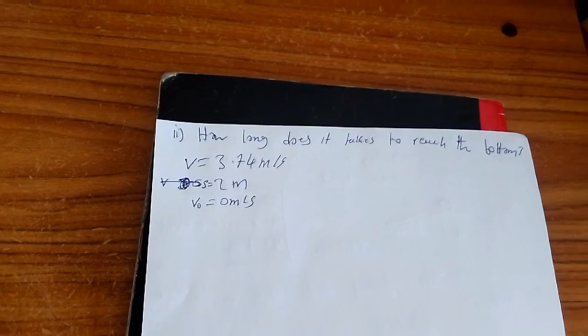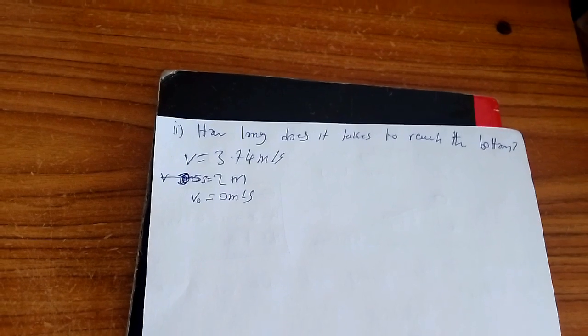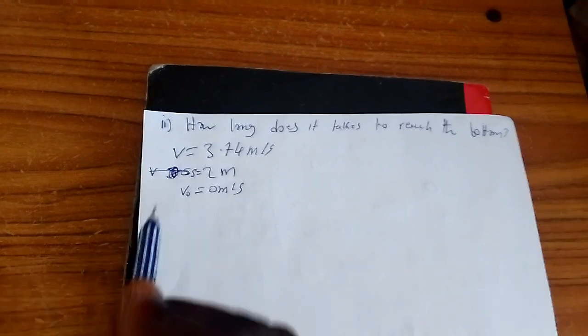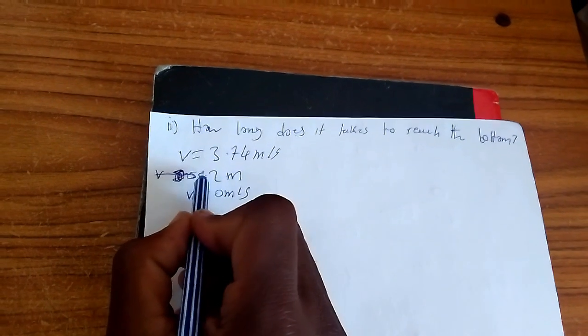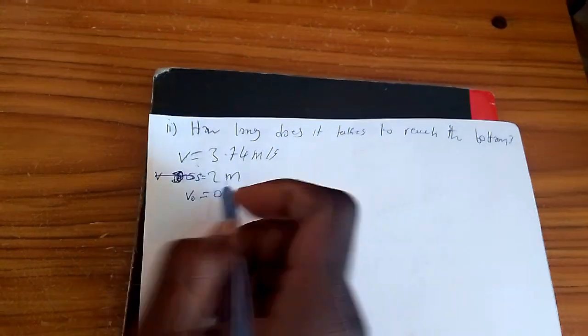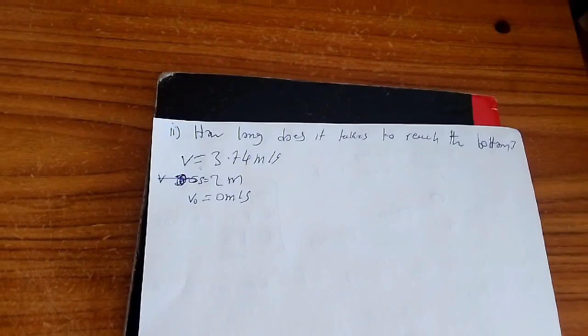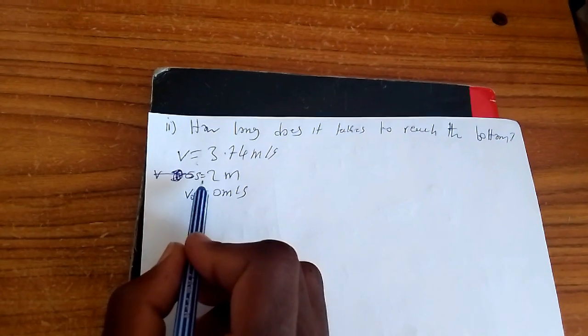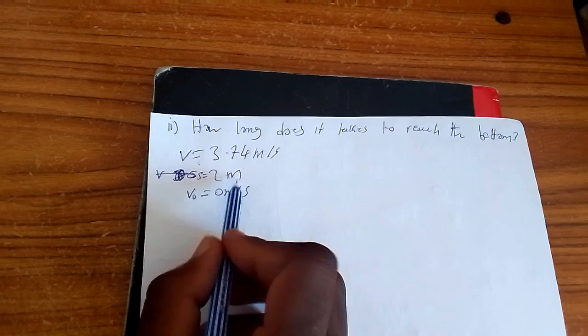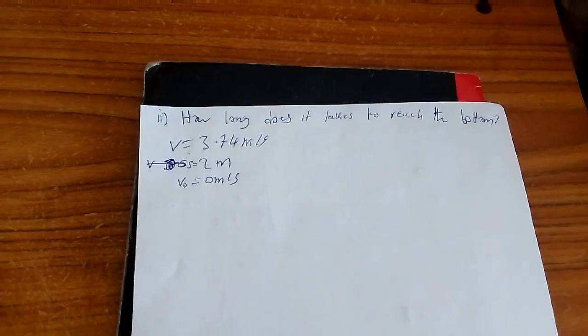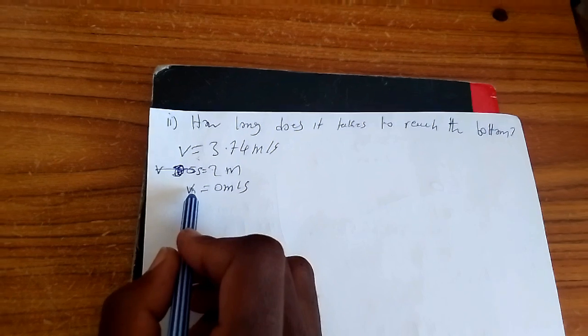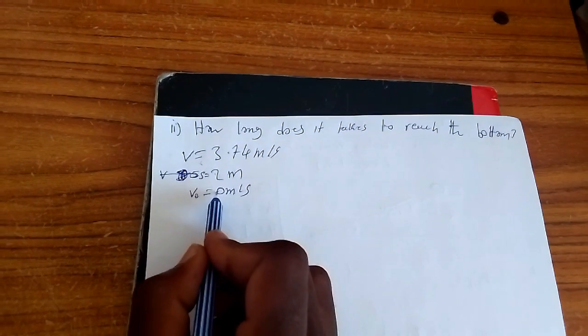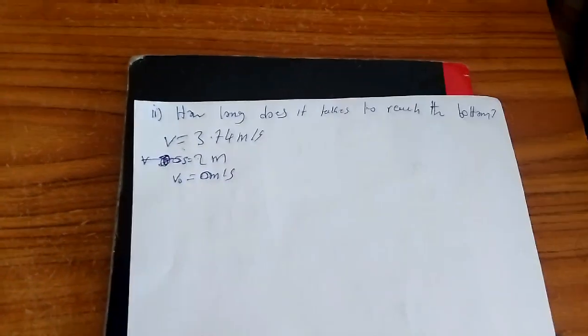Okay, so the last part of the question is to find how long it takes to reach the bottom. From the previous question we solved that v is equal to 3.74, and the displacement was 2 meters, the length of the incline, and it started from rest, so the initial velocity there was 0.